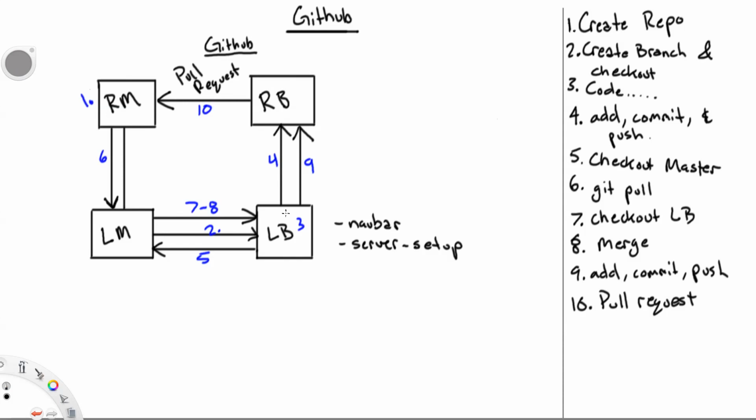Now, let's say right in the middle of this, I'm on step 3, but Alan's in my group and he's ready to merge. So he goes ahead and does step 4, he comes down, he pulls down the master, he merges it into his branch, pushes it up, and puts it into the new master. So the master is now updated. I'm working on my local branch that doesn't have the code that Alan just added to the master.